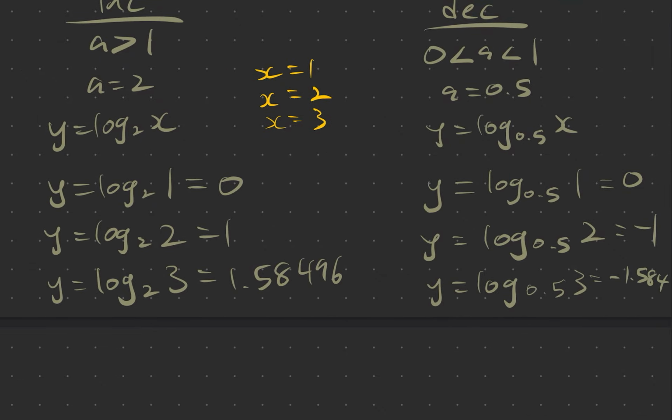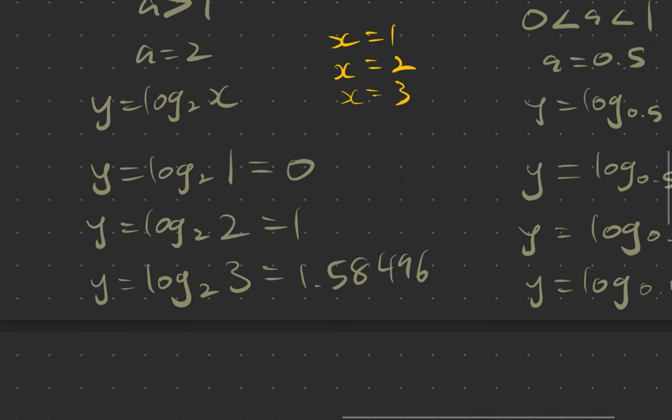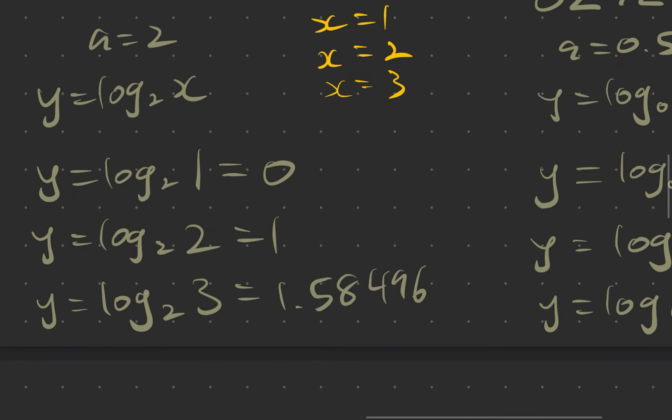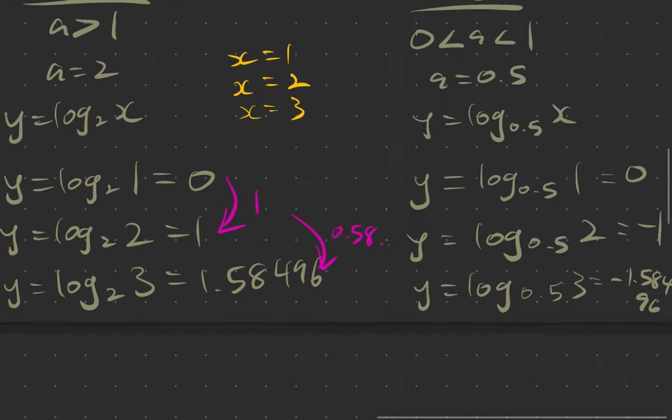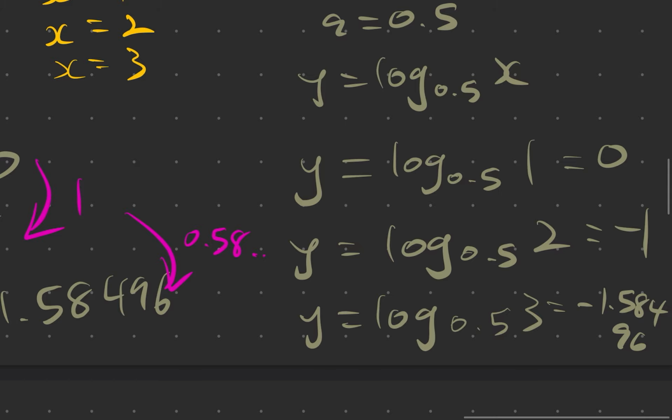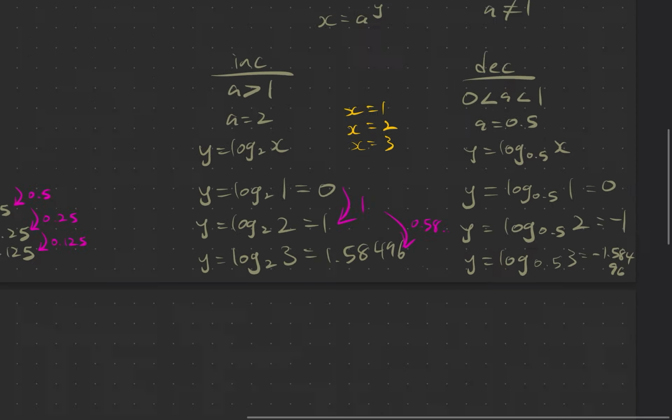Wait. Oh no, I ran out of space. Okay, let's just pretend I have space there. So same as before, notice the difference. Here is just 1 and here is just 0.58 and it goes on. So same for here, just that it's decreasing.